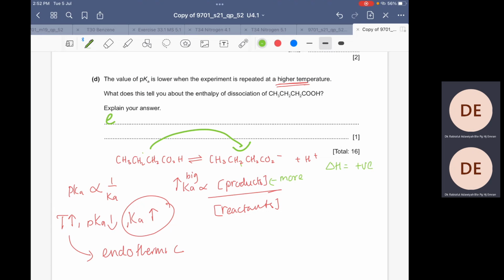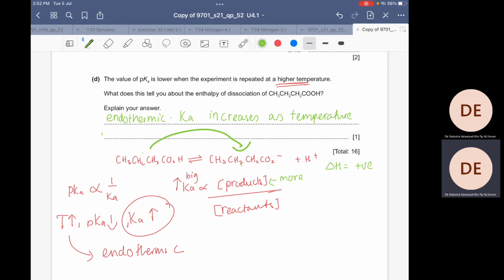Well, first we're going to say that it is endothermic. The reason for this is because Ka increases as temperature increases. All right. So that is all for this paper. And we are done for today.